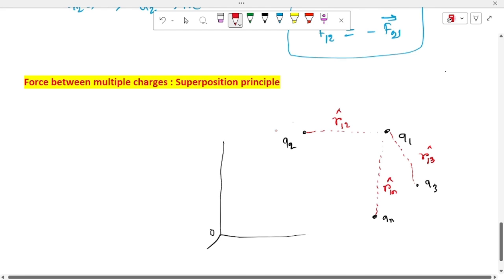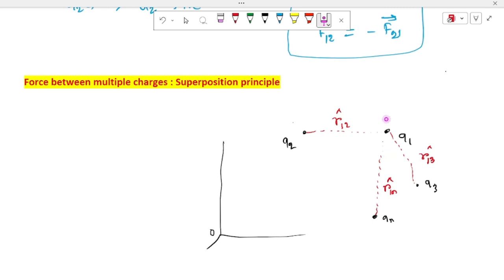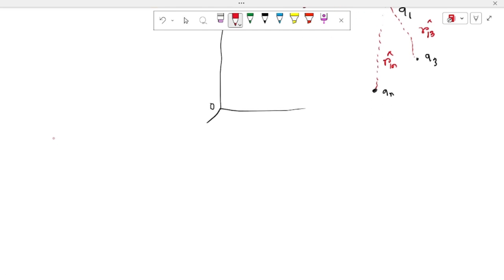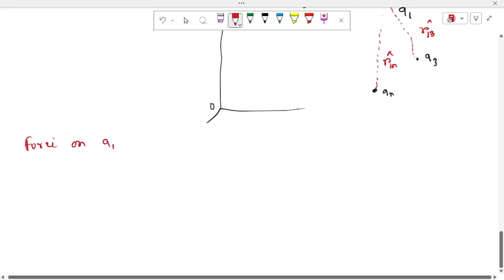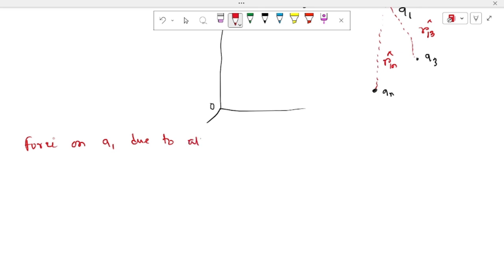So the force acting on this charge q1 due to all other charges, what is the expression of force? So we'll write force on q1 due to all other charges, force F1 vector.